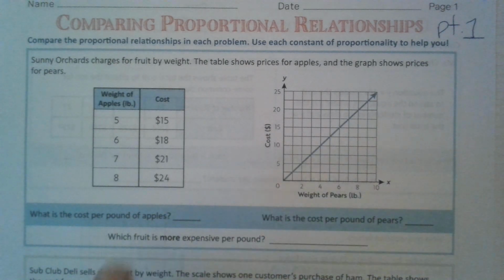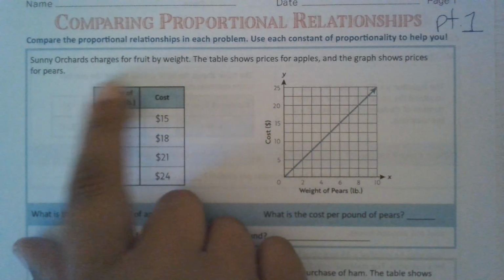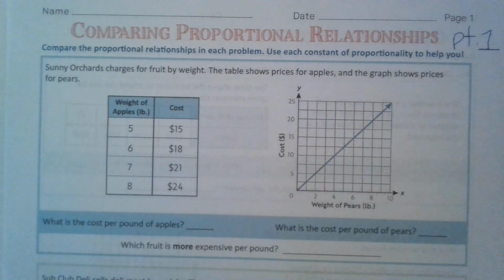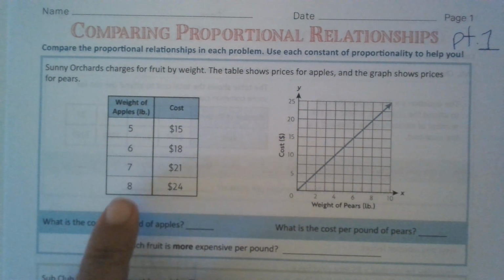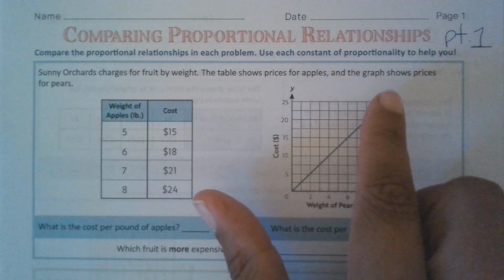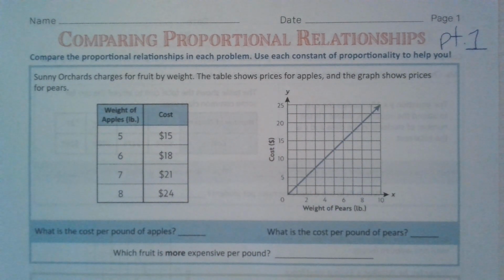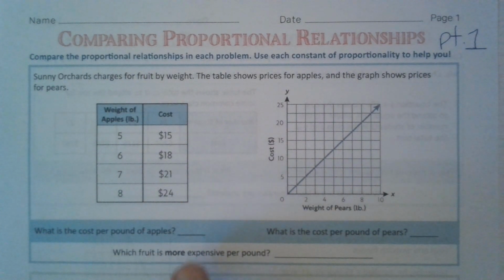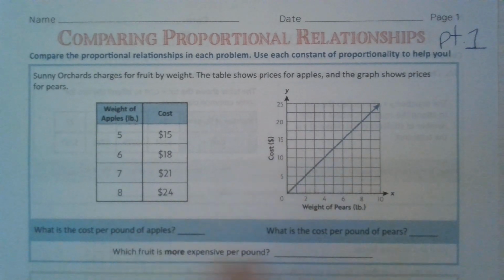So, Sunny Orchid charges for fruit by weight. The table shows the prices for just apples, but the graph shows you prices for your pears. Before we answer the bottom question, we need to read what they want us to do on each end.